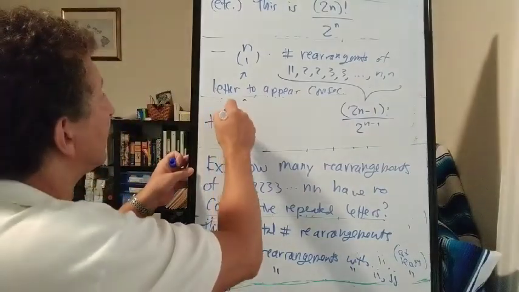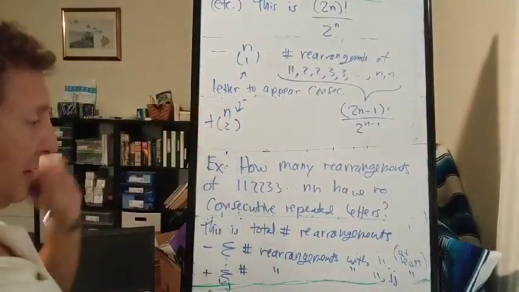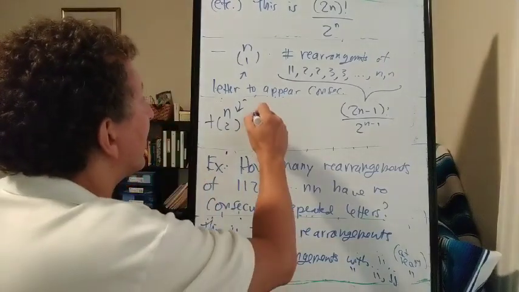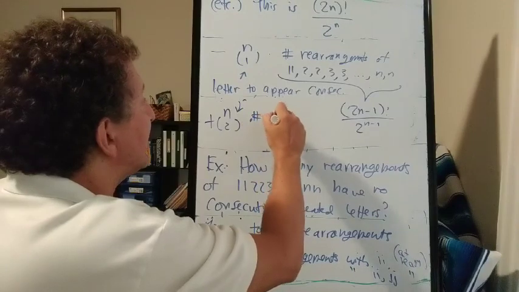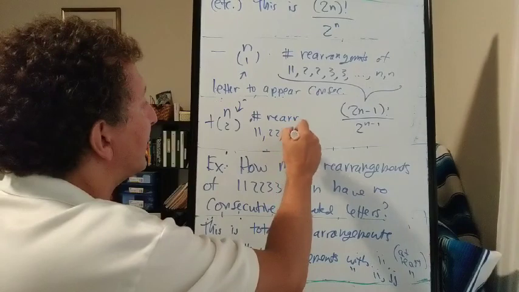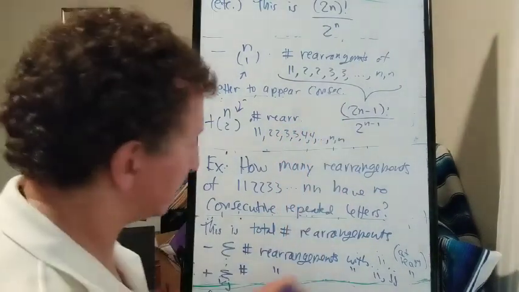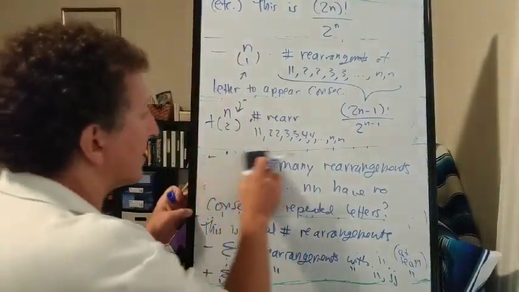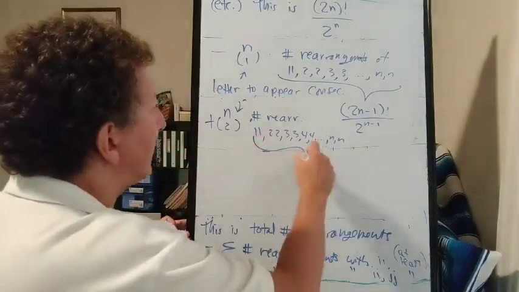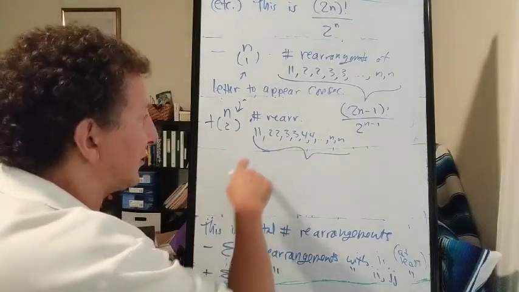So then we'd add plus n choose 2. Now there's 2 letters that are going to appear consecutively, say the i's and the j's, times the number of rearrangements of 1 1 comma 2 2 comma 3 3 4 4, etc. And the number of those is, let's see, we had 2n letters minus 1 minus 2.